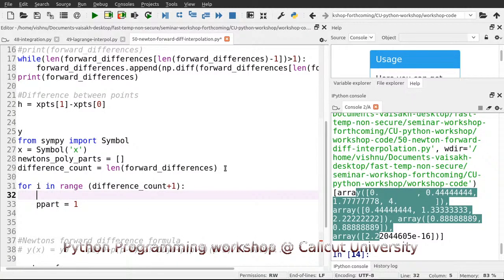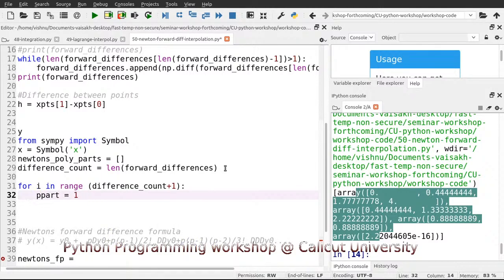Okay, let me just try one method. So p into, initially it is just 1. After that, let me append this to Newton's polynomial parts.